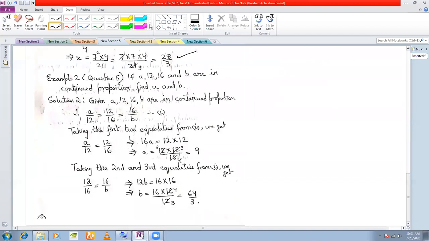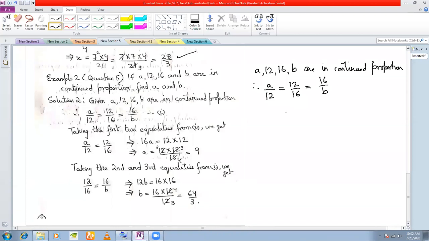Again for four numbers, given a, 12, 16, b are in continued proportion. Therefore, from the definition of continued proportion, a by 12 must be equal to 12 by 16 must be equal to 16 by b.